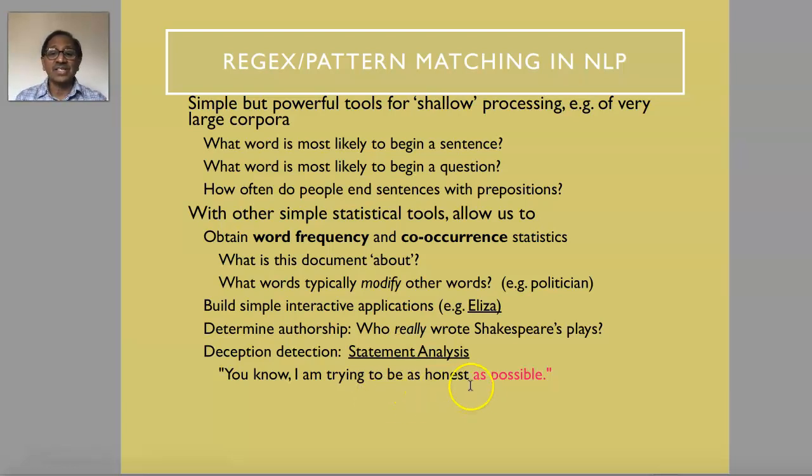And "as honest as possible": what is as possible? That also we know. He is not saying how honest he is. Right? Such analysis, what we call statement analysis, can be done using regex. In fact, in your NLP courses, you'll be learning more about these kinds of things.